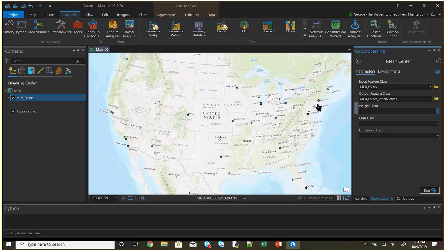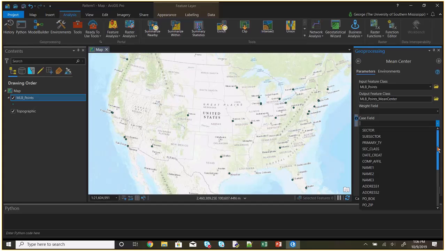Okay, so you could weight that stadium in New Jersey double, and what that would do is double count that particular stadium, since it has two teams. Yep. We'll run an example of this that'll make more sense in a second. The case field will allow you to determine where the central feature is, and it'll return a central feature for every case.